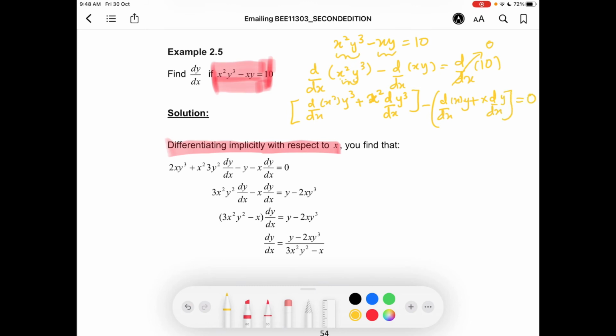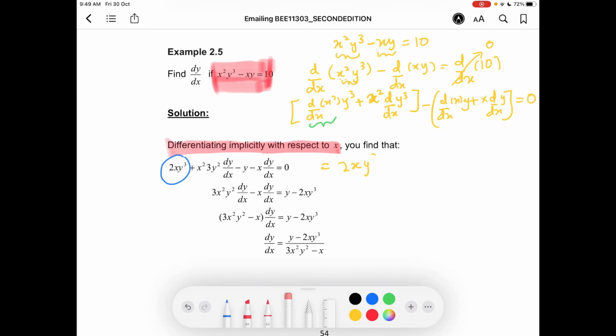Now the next step. We differentiate this one and we will get 2xy cubed. If you notice, you are getting a similar answer here. Let me delete it, I don't want to make it confusing.